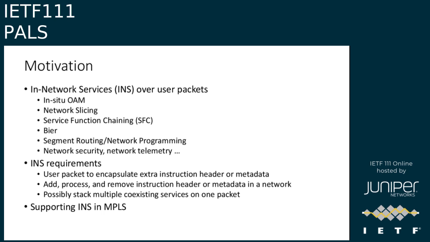When you think of them in a piecemeal method, some of them will claim, okay, we can stack this data just between the label stack and the original payload. But soon we will find, in many cases, we might want to support multiple such applications in one packet. Then they will compete for the same resource. Also, each of them will require maybe a new special label to indicate it. That will become very inefficient.